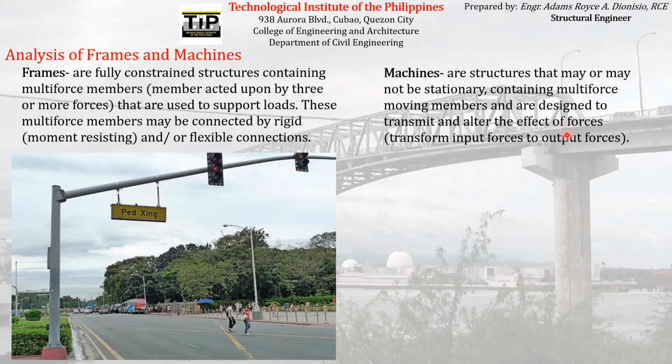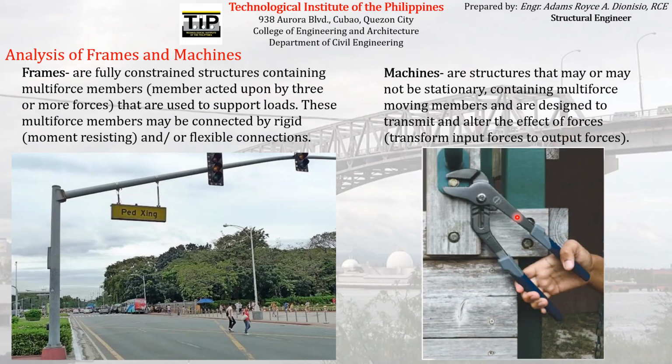So, in real life example ng machine ay simpleng-simple na lang. Itong plier na 'to, actually yung machine inaaralan natin 'to nung elementary tayo, di ba? Kung naalala niyo pa. So dito sa plier na 'to, ano bang ginagawa nitong plier na 'to, bakit siya naging machine?